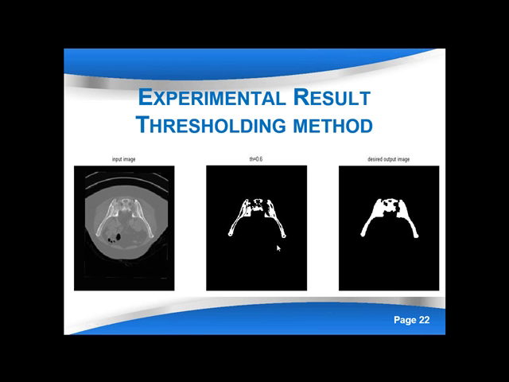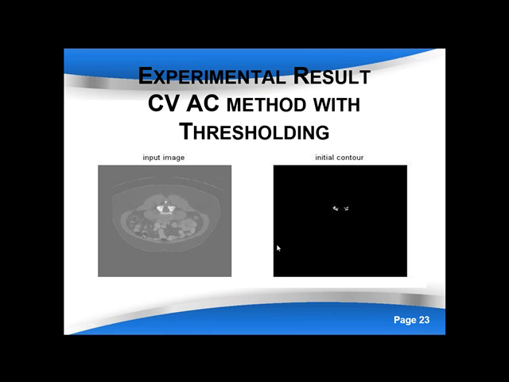It's obvious that we cannot use thresholding as a separate method to segment a given image. However, we can use it to provide the initial contour to Chan-Vese Active Contour method for segmenting the image.